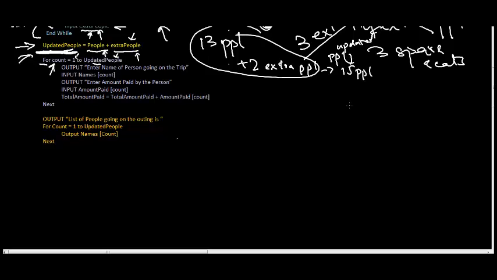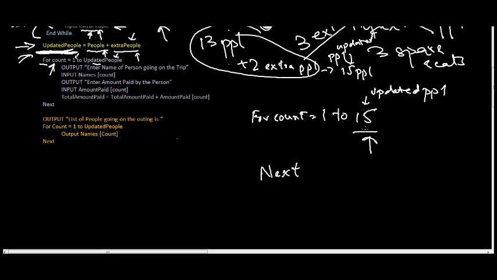So for example, if the number of updated people is 15, then the loop will be something like for count is equal to 1 to 15. The upper limit of the loop is being set by updated people that we just calculated in the previous step. So this loop will run as many times as the number of updated people.